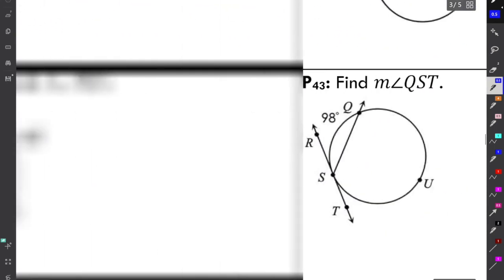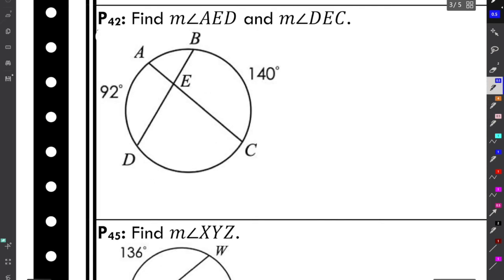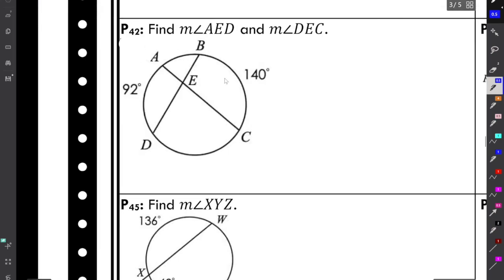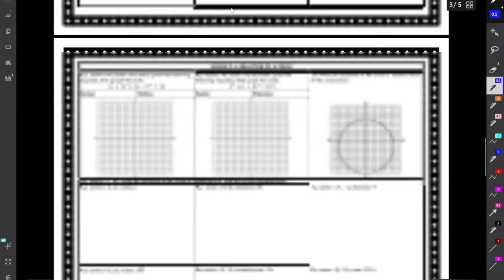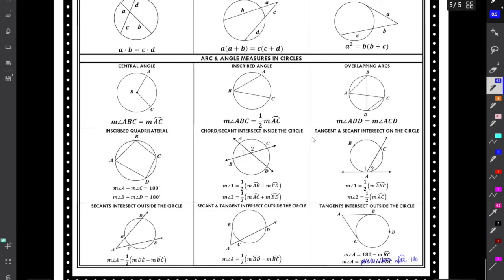Alright, 42. Find the measure of angle AED and the measure of angle DEC. Okay, so I've got 2 chords intersecting inside the circle, and we're trying to find those angles in there. So let's look at our cheat sheet. For angles and arc measures, we see where they intersect inside.